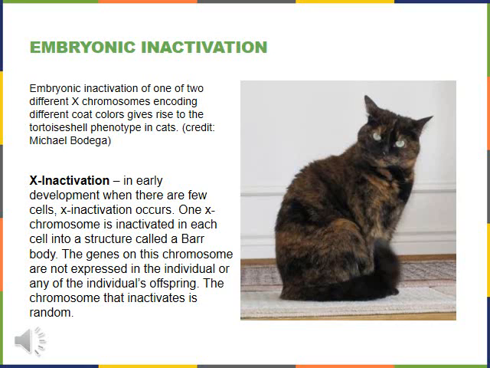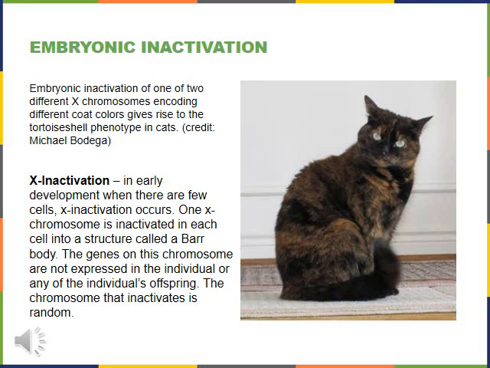Whereas genetically, there's a little bit of a defect happening here. So this says, in this case of the cat, the embryonic inactivation of one of the two different X chromosomes that encode for coat color, and encode just means there's a gene for hair color or coat color. Encoding means that the gene is working.